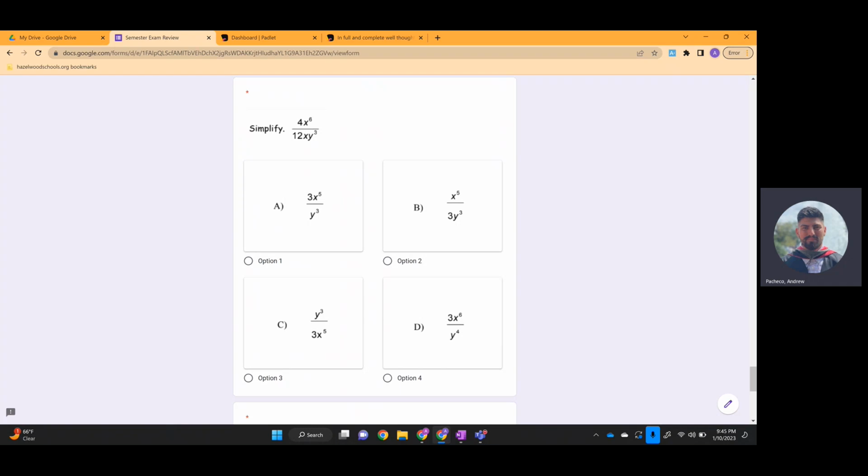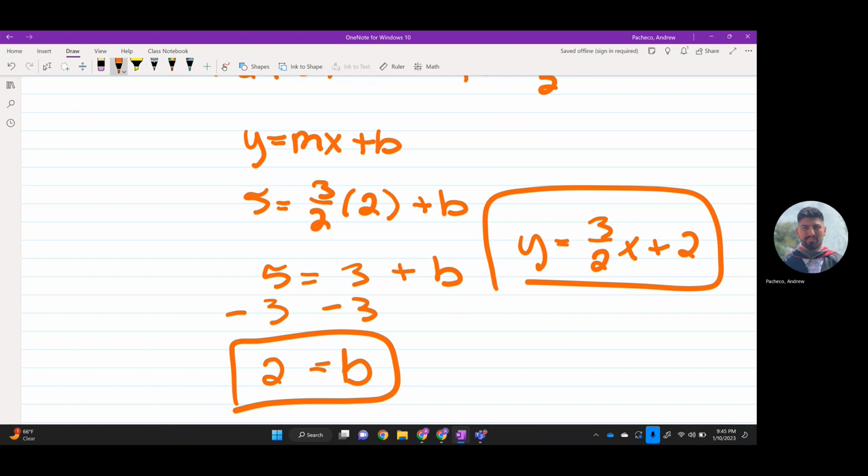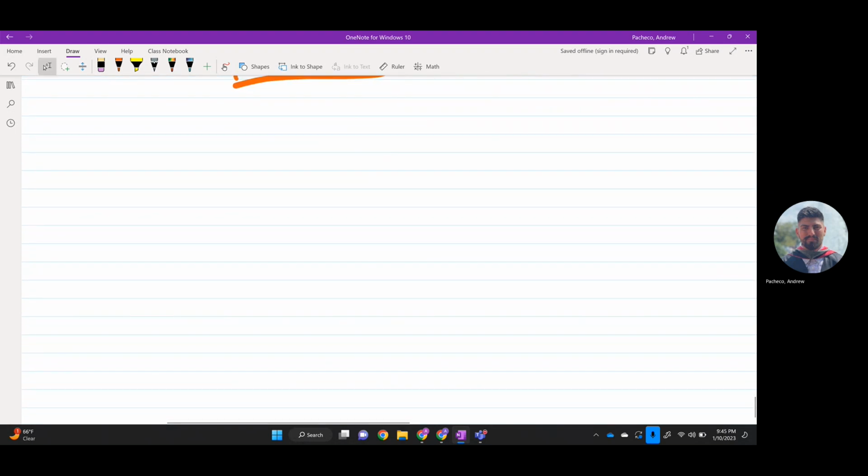Now we're just asked to simplify. So we have 4x to the 6th power over 12x y cubed.